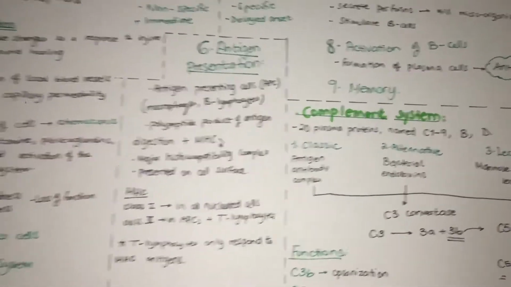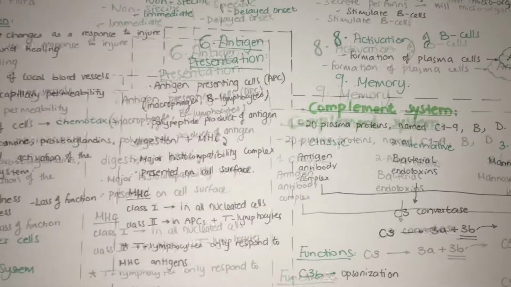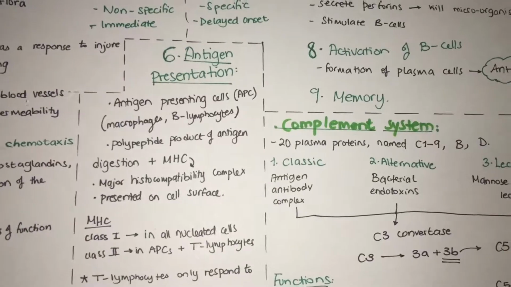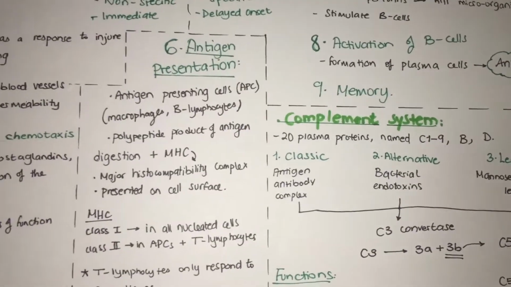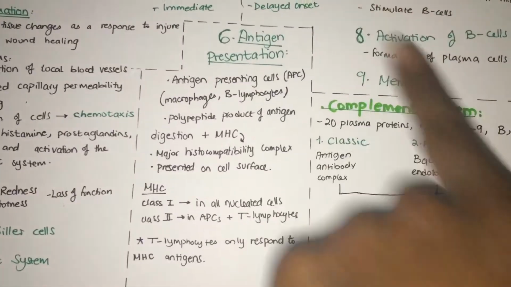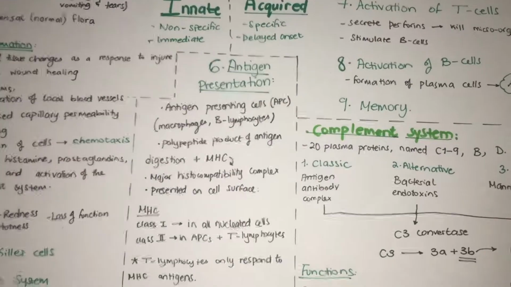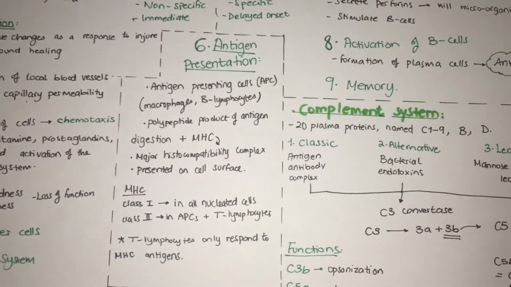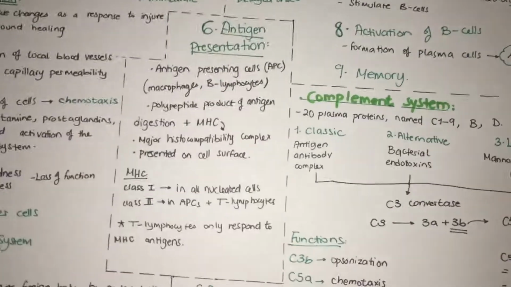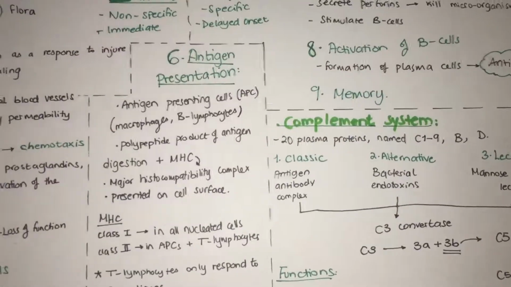Then this mix of antigen and major histocompatibility complex is presented on the cell surface of these. There are specific cells whose main function is to be antigen presenting cells, also known as APCs. Antigen presenting cells are macrophages and B lymphocytes. They have the ability to present this antigen on their surface.